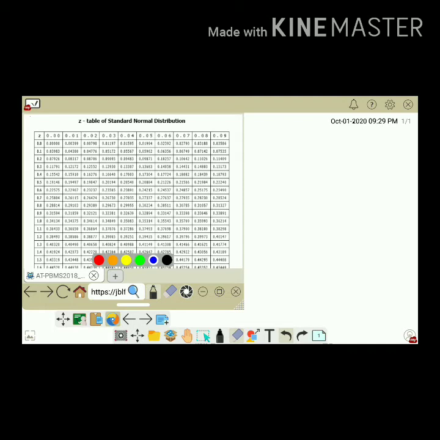First is your Z values. Second is your areas under the normal curve. The Z values are located on the leftmost and the topmost of your table.